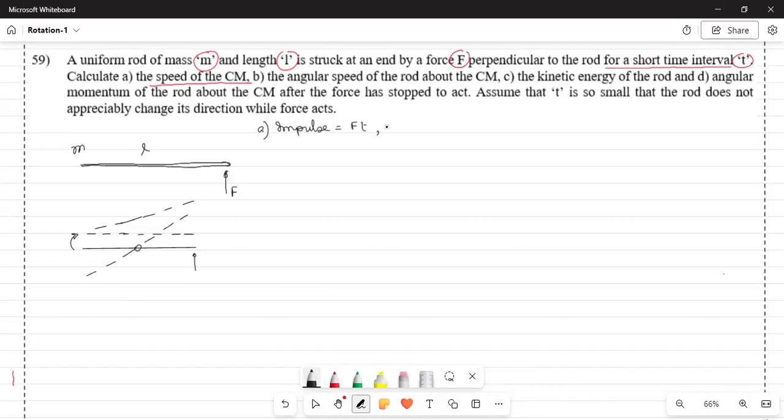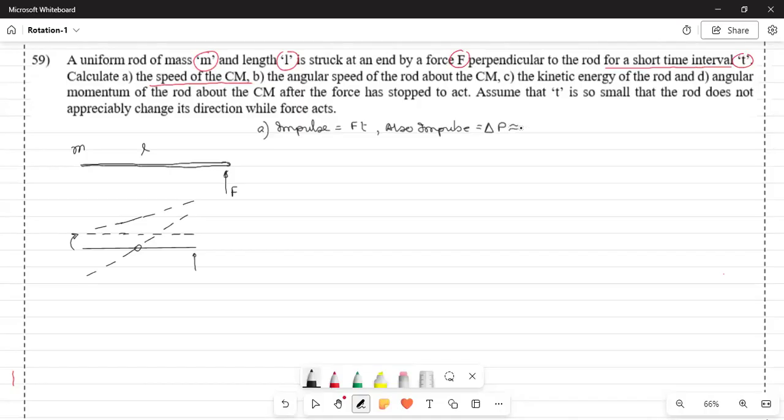Also, you should remember from your kinematics session, impulse is always equal to the change in momentum. Normally, we call it impulse is equal to del p.